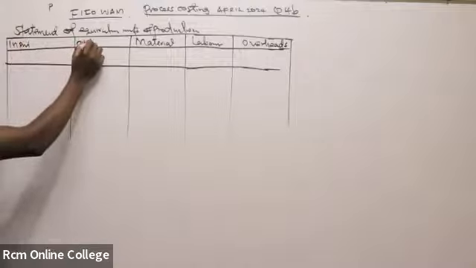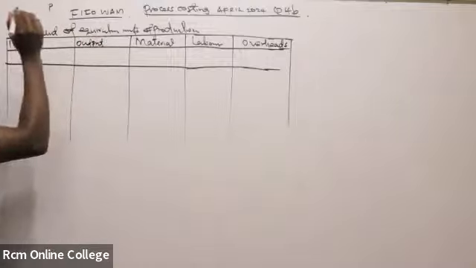Then here we have input, and we have output. If you can recall, that is the process account or the throughput account, right? So we have the information there.